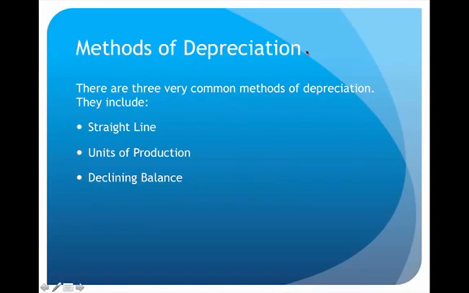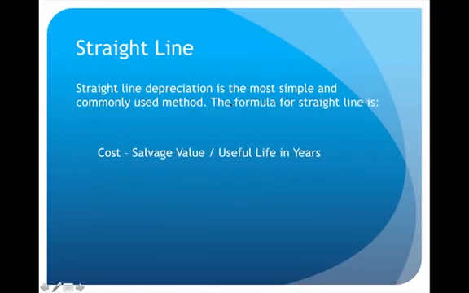So in each business, they will make a decision about what method of depreciation they want to use. And they could also potentially use multiple methods. They might use one method for certain assets and another method for other assets. So that's why it's very important for us to learn all three of these depreciation methods. And they include the straight line, units of production, and declining balance.